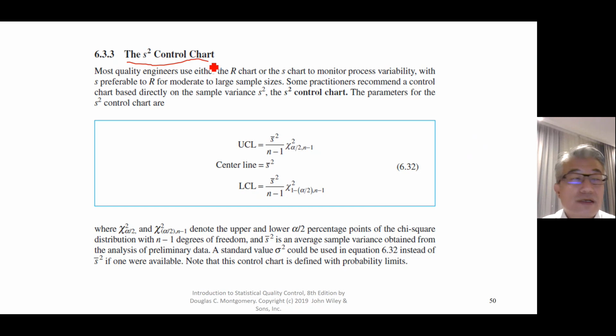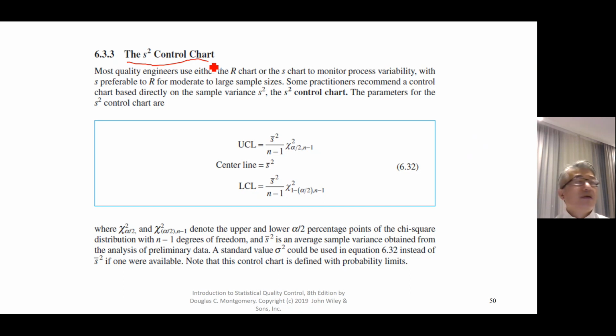Now, if you would like to directly tackle the control chart for the sample variance: most quality engineers will use either the R chart or the S chart to monitor process variability. Then S is preferable to R as the sample size gets larger. So some practitioners recommend a control chart based directly on the sample variance S square. That is called the S square control chart.